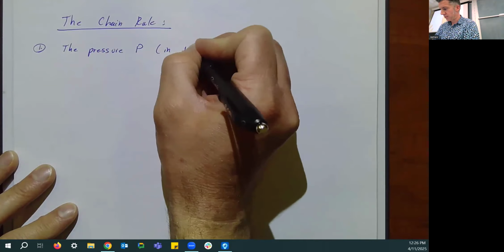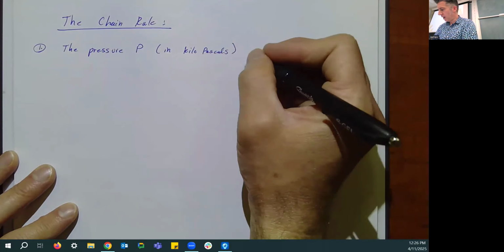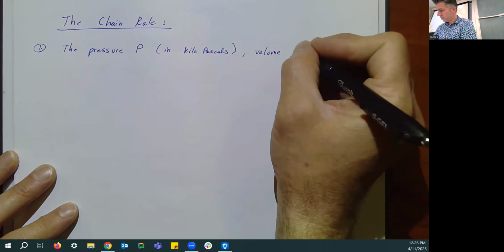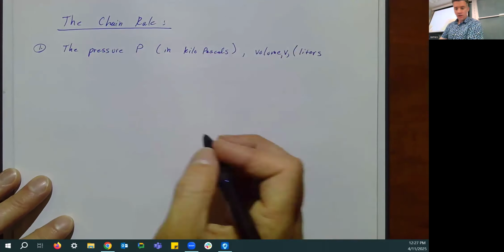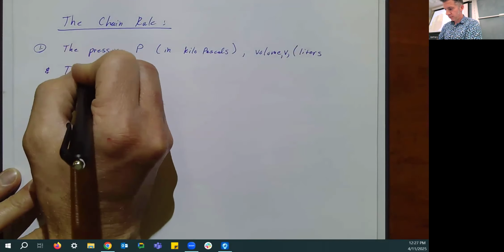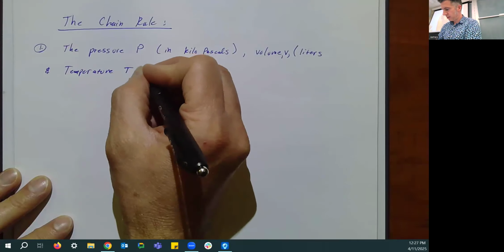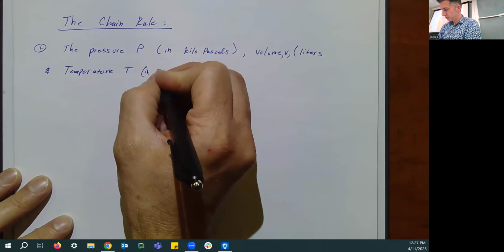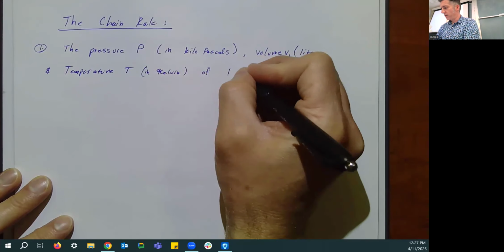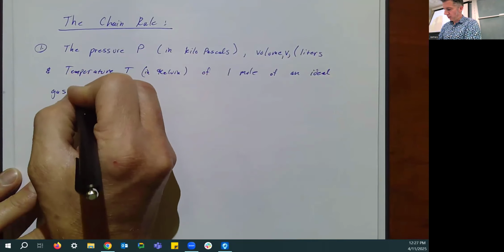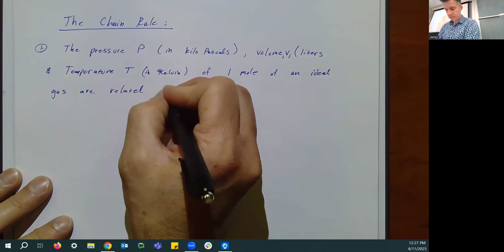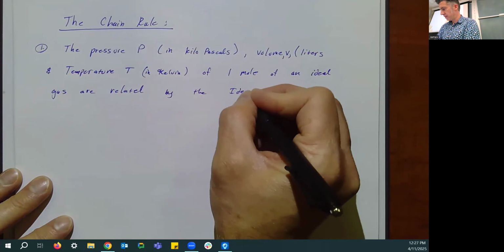Here's what we've got. The pressure P, in kilopascals, and the volume V in liters, and temperature T, in degrees Kelvin, of 1 mole of an ideal gas, sure, we can pretend like we know some chemistry, are related by the ideal gas law.